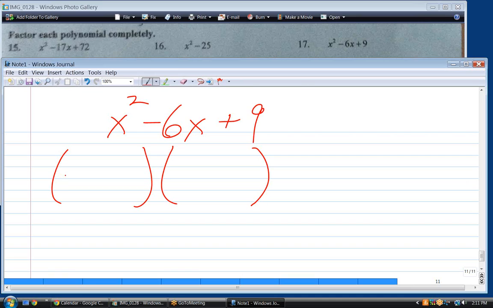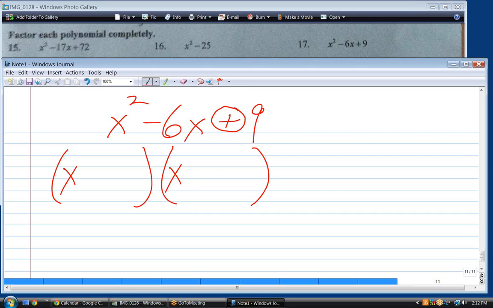So what's step 1? You put the x's. What's step 2? You figure out what the sign would be. What are the signs? Not the sign, but the signs. In other words, I need to figure out what that's going to be and what that's going to be. What's this plus sign tell me? Both of them are the same.